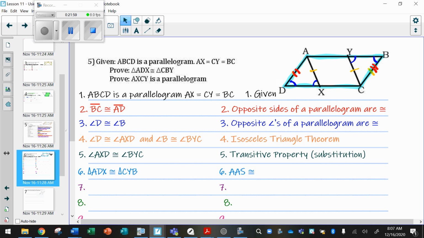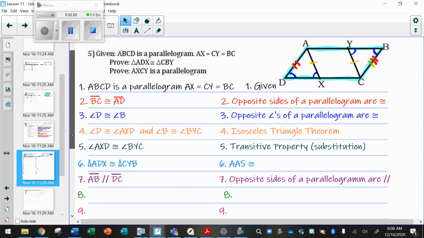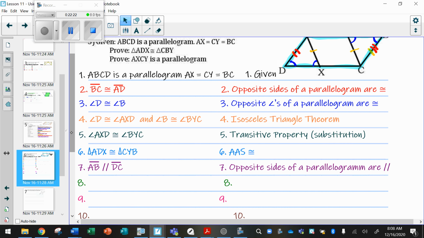The next issue is to prove that AXCY is a parallelogram. So we can go back to the fact that we have a big parallelogram on the outside to say AB is parallel to DC because we know opposite sides of a parallelogram are parallel. And if those opposite sides are parallel, then we can get some alternate interior angles.